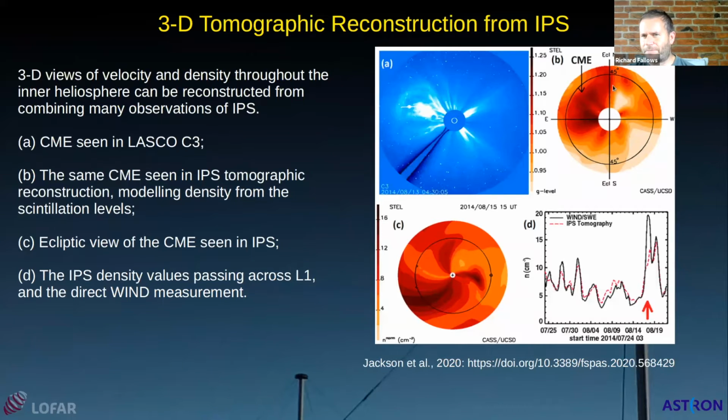What you see in the top right plot is a reconstruction of solar wind g-level from data from the ISEE instrument in Japan. This is a sky plane view, so it's equivalent to the view of the LASCO field of view. You can see the LASCO CME in the image on the left, and you can see the extension of it as it propagated through space in the plane of the sky, in the reconstructed IPS data on the right.